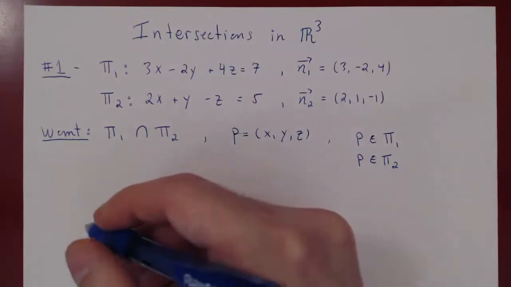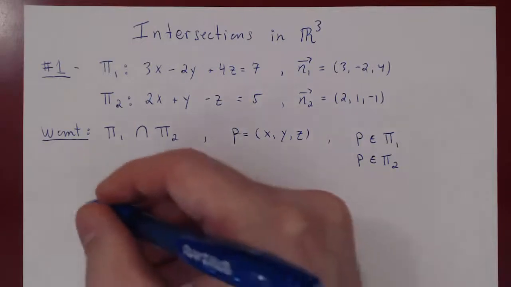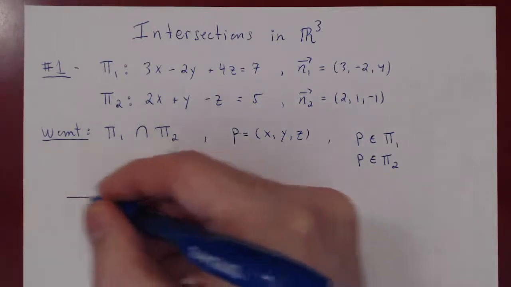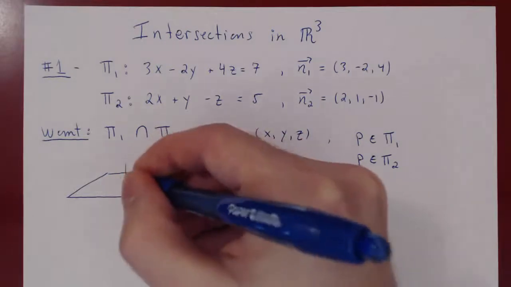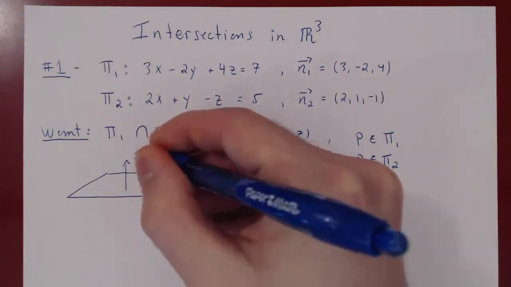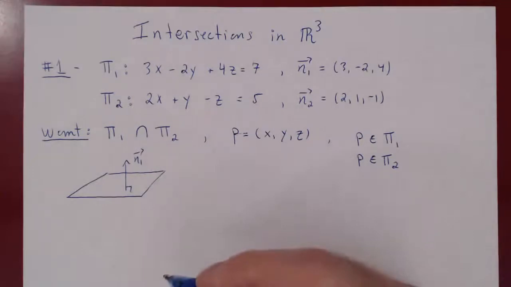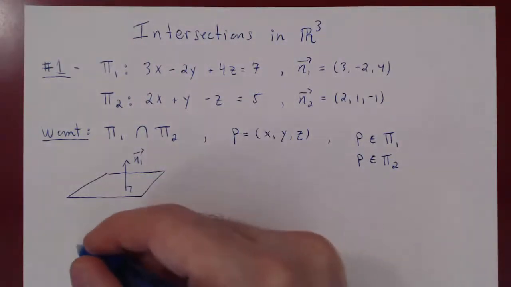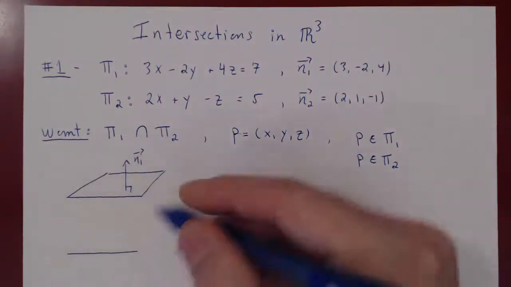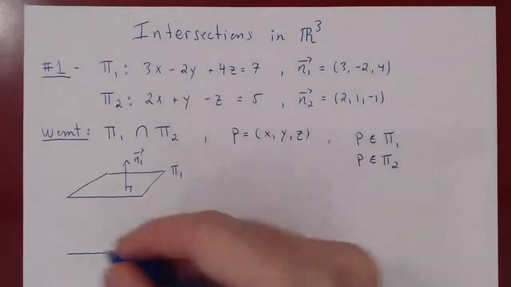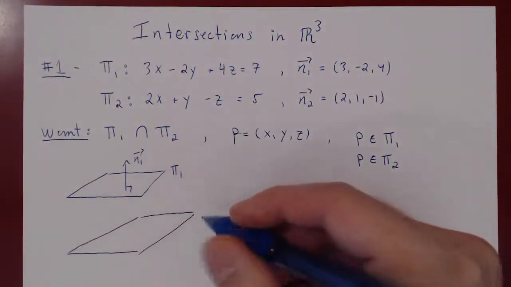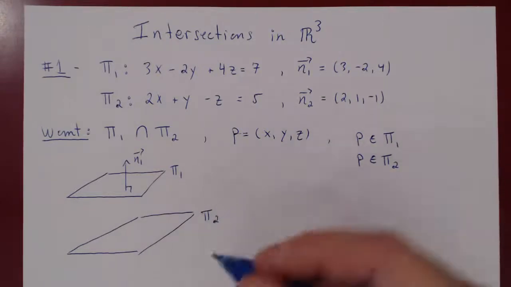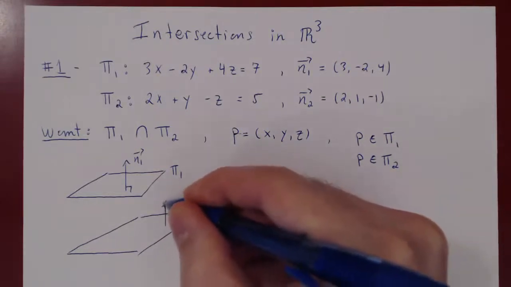Let's draw two parallel planes, and suppose that one is on top of the other. Suppose this were pi1 with the normal vector n1, and suppose that it is parallel to pi2, so pi2 would be lying underneath it. This is the first plane. This would be the second plane, pi2, with its normal vector n2.